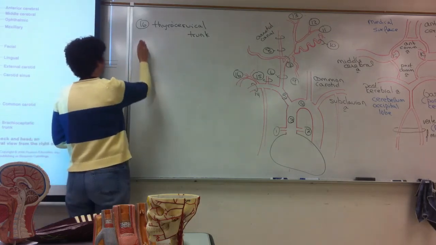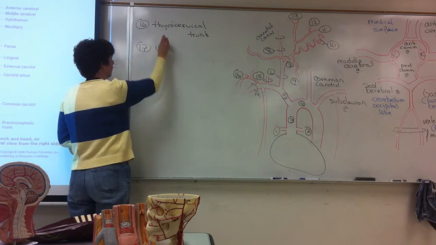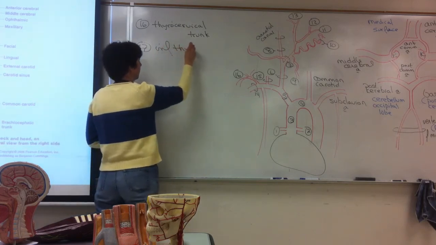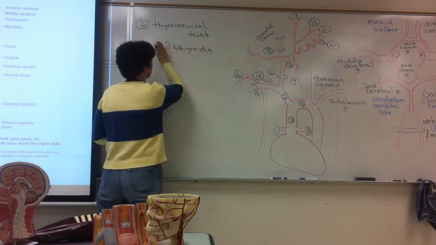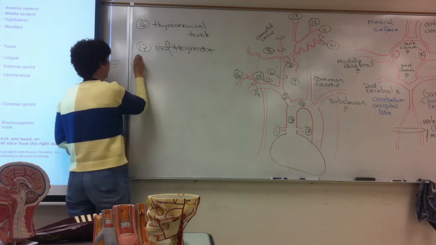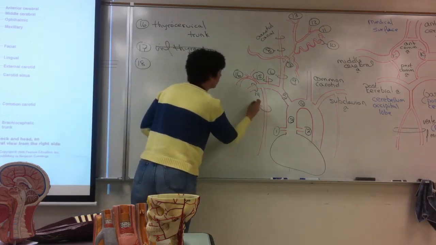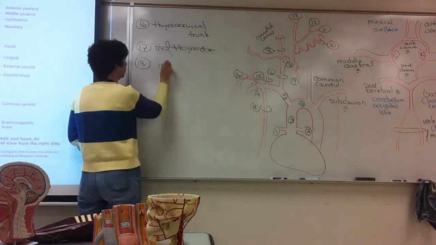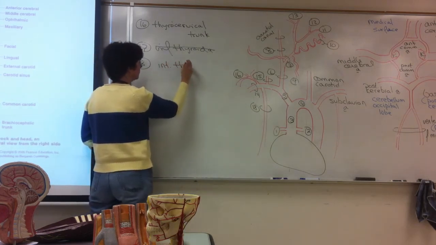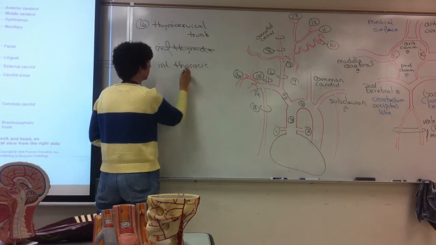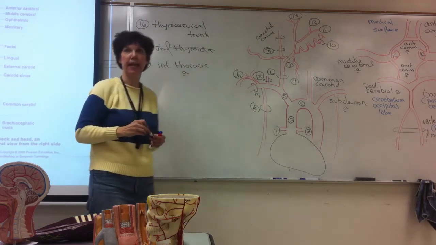And then 18 is going to be the internal thoracic artery. Okay, so we'll stop there.